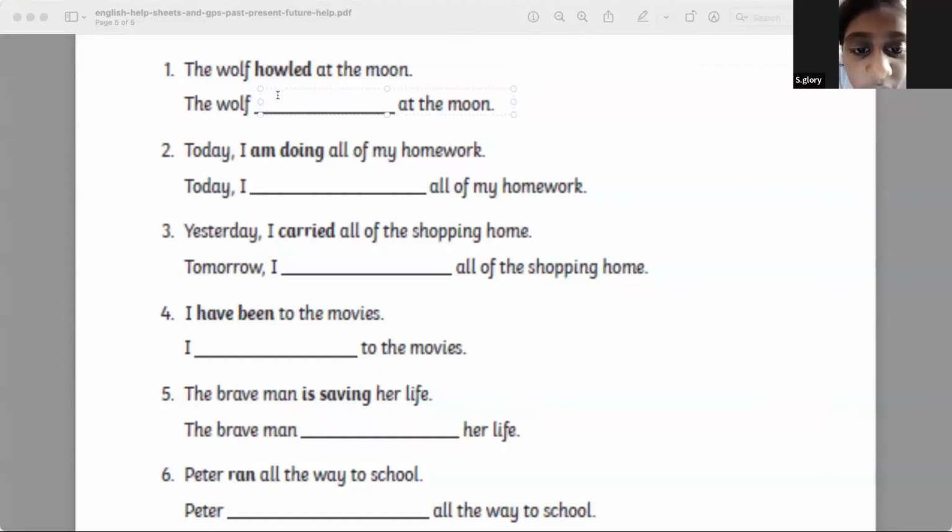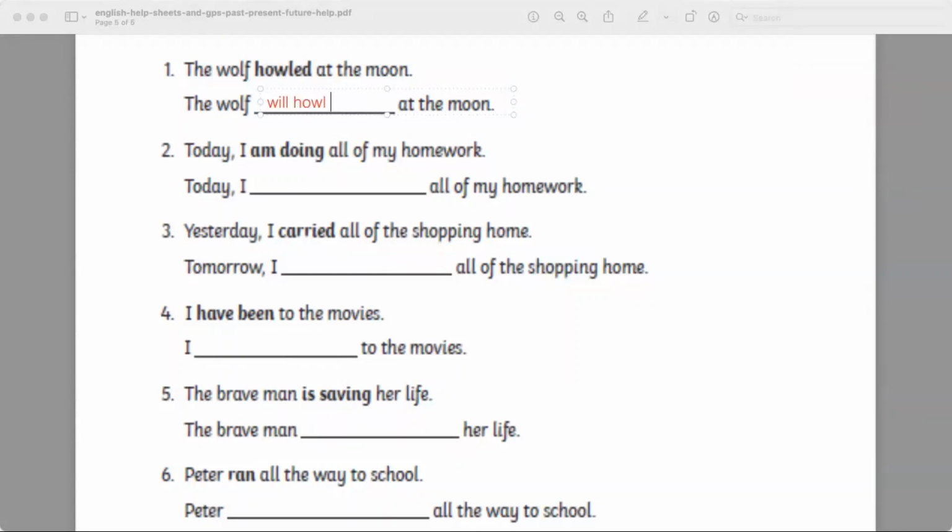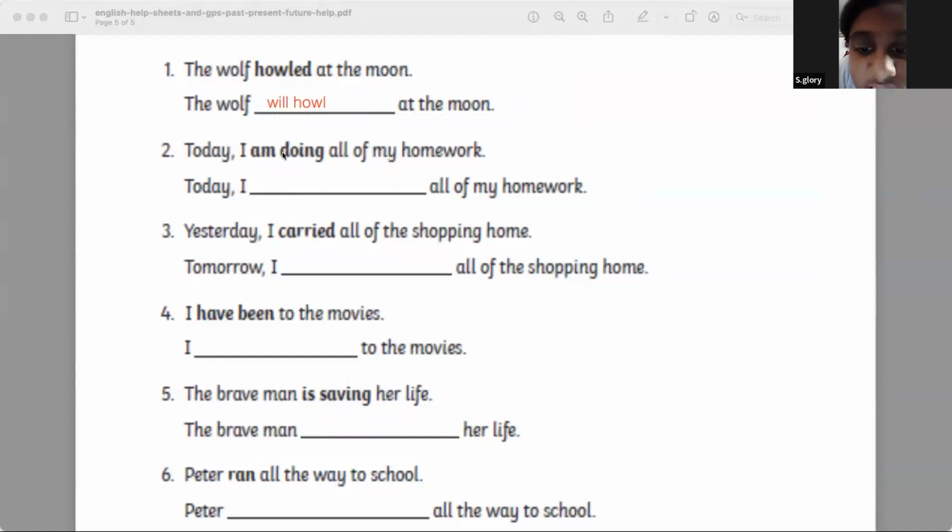Something that is going to happen in the future will be: the wolf will howl at the moon. Do you understand?